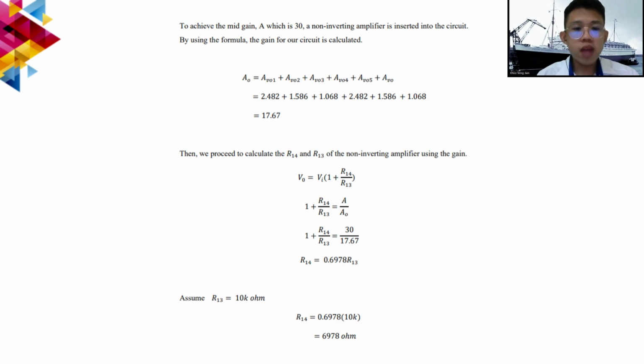The 1 plus R14 divided by R13 is equal to 30 divided by 17.67. So R14 is equal to 0.6978 R13. We assume that R13 is equal to 10K ohm, so R14 is equal to 6978 ohm.